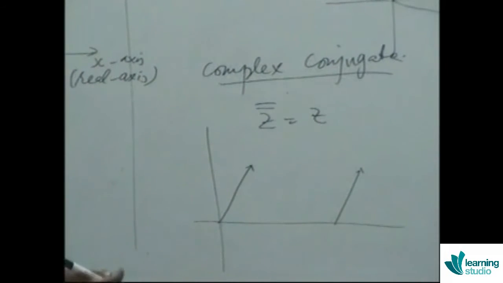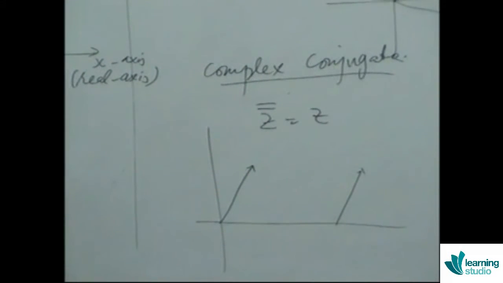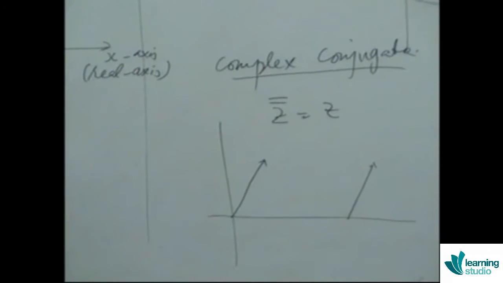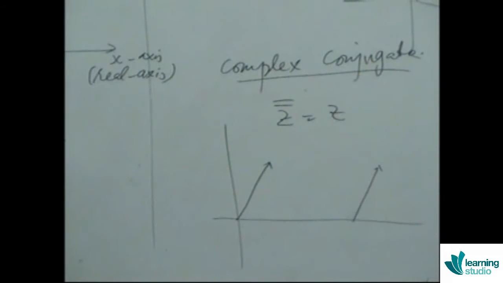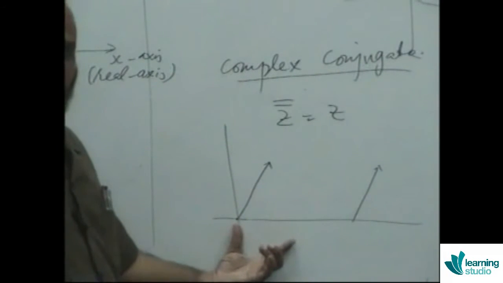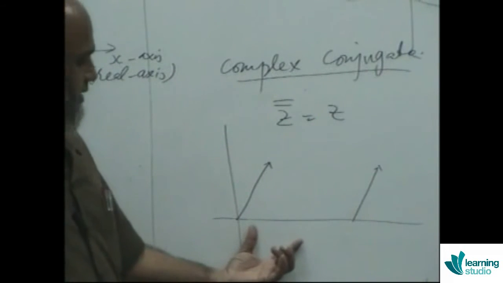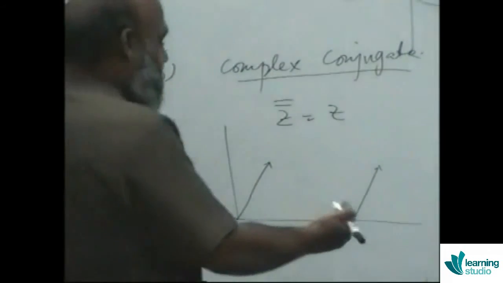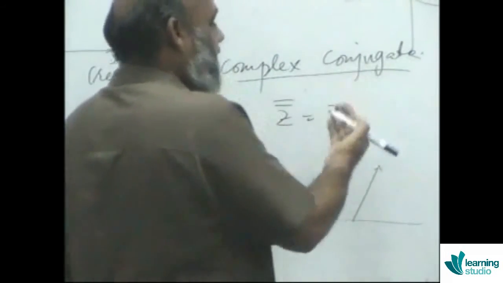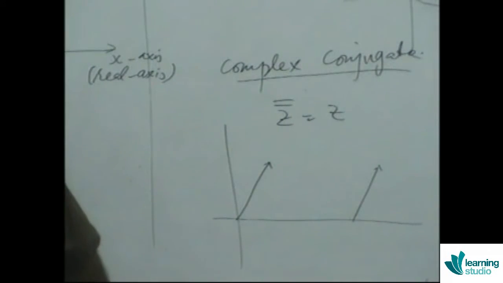So in translation, what we are doing? We are increasing the real part only. First we increase the real part, certain units over here, say x units, and then it is translated again in the y-axis. So then we have increased the y as well.